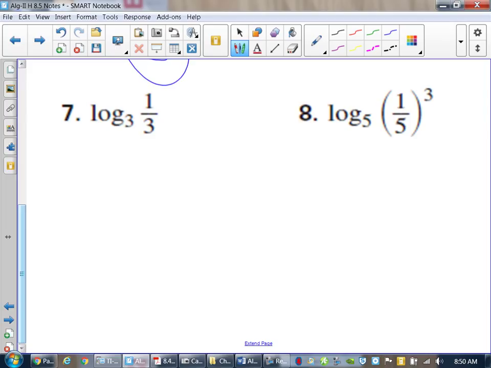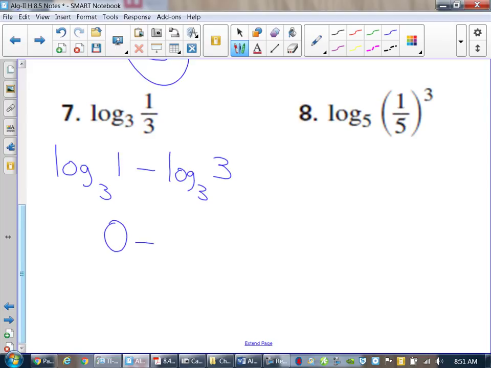So if we take log base 3 of 1/3, that means we can rewrite it via division. If I do that, I get log base 3 of 1 minus log base 3 of 3. What's the log of 1? What's anything that's log of 1? 0.